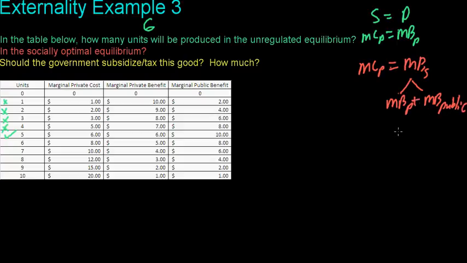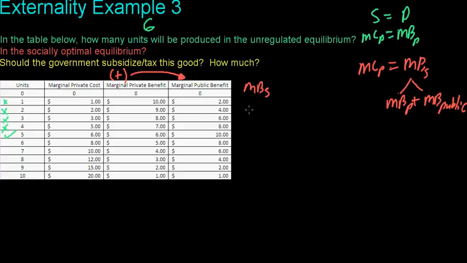If we add those two together, we still see that at 5 we have 6 plus 10, which is 16, which is still more than, so here, I'll write this out. I'll write the marginal benefit to society, and I'm just going to pick up here because we know that it's going to be more than the unregulated equilibrium because this is a positive externality. And the reason we can see this is a positive externality is that it has a marginal public benefit that is greater than 0.